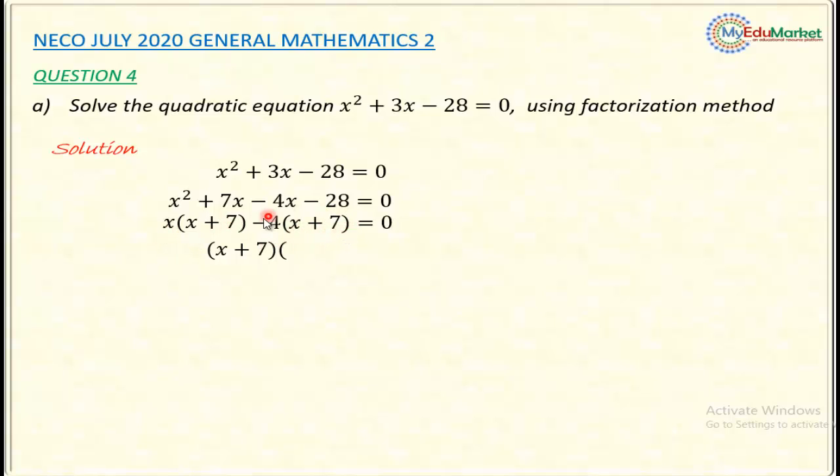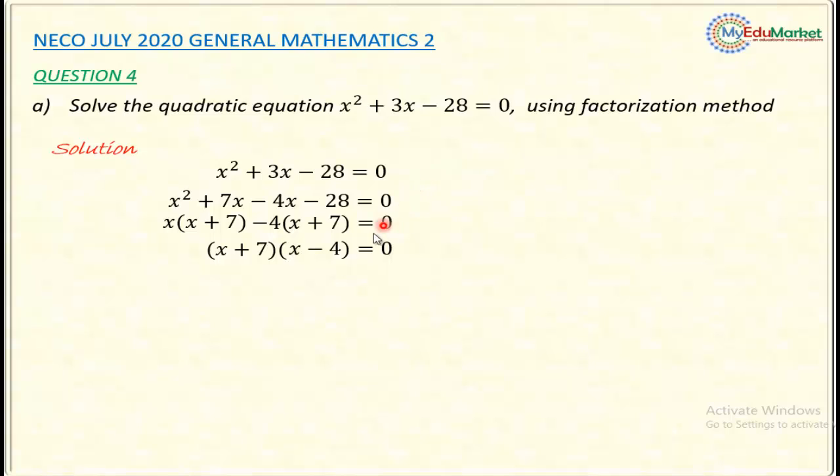I divide the second term by x plus 7; x plus 7 cancels and I'm left with minus 4. So I have x minus 4 equals 0. This is now the factorized form of this quadratic equation.